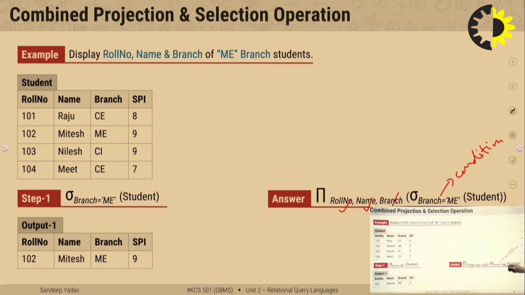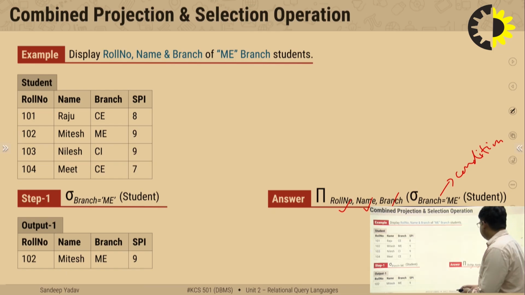This is the condition that branch name equal to ME, and thereafter is the name of the relation student, and these are the attributes that we need to find out. So, in this way we can make use of both of the operations to fetch the data.